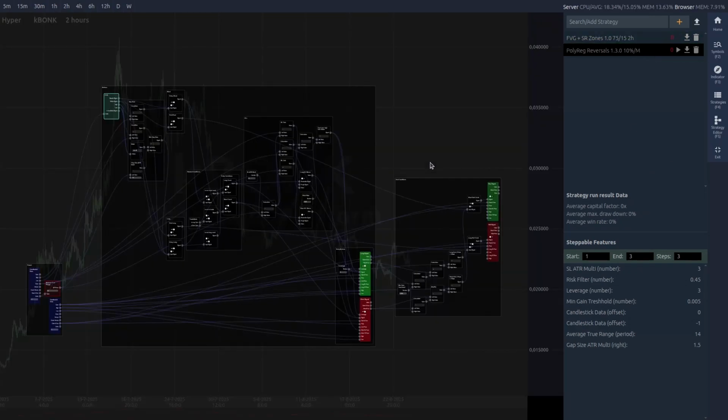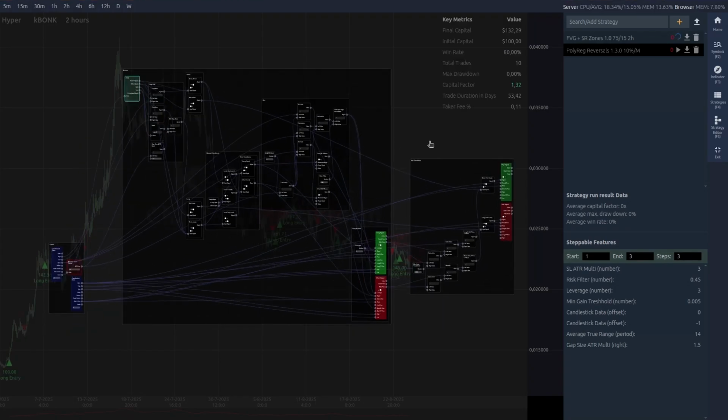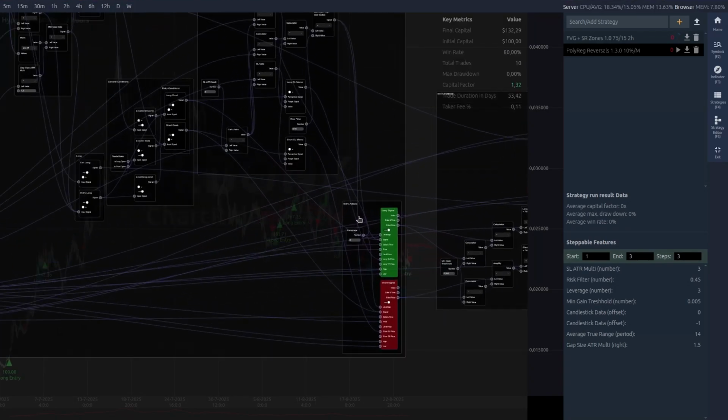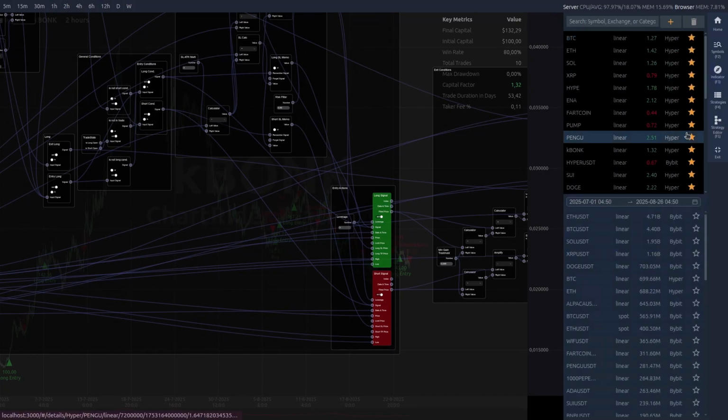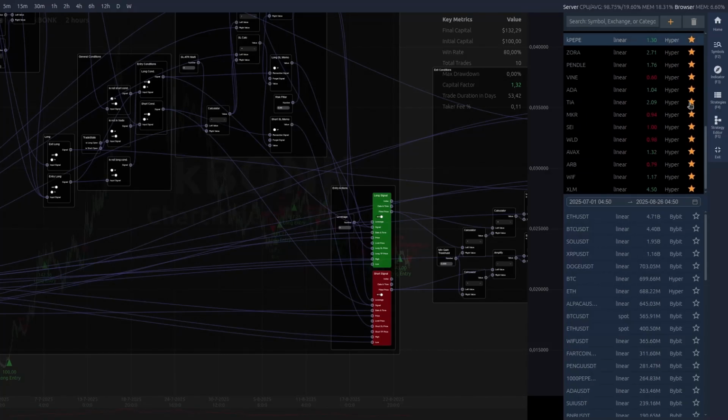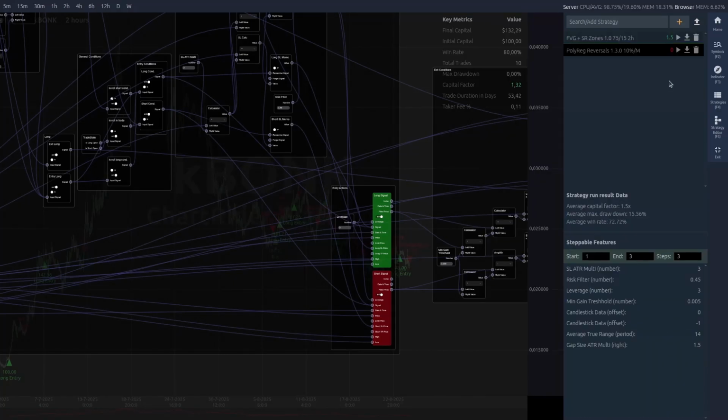You will have similar results because I lowered the leverage now. We have similar results, but you see you have less drawdowns and a lot of green results.